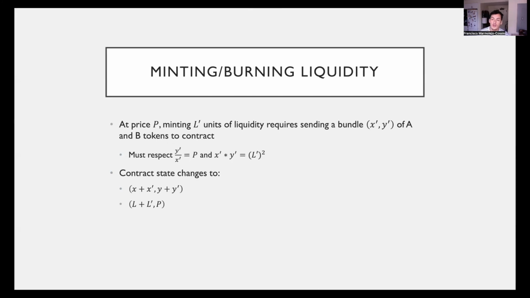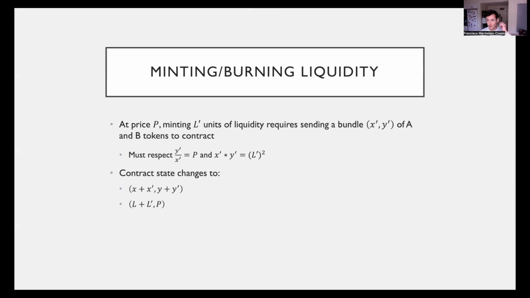The bundle of tokens that they send is simply, in this case, X prime, Y prime, with X prime representing token A and Y prime representing token B, that must satisfy the constraint that the ratio of both of these tokens matches the current price. And moreover, it must also satisfy the fact that the product of these two tokens in the bundle that I'm sending to the contract is the square of the amount of liquidity that I want to mint. And once this is the case, then this bundle is sent to the contract.